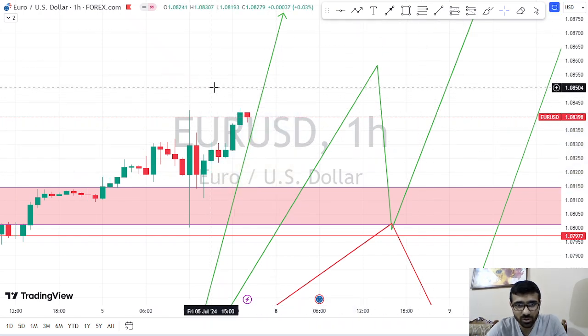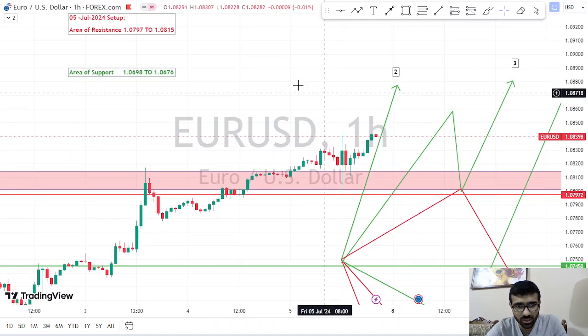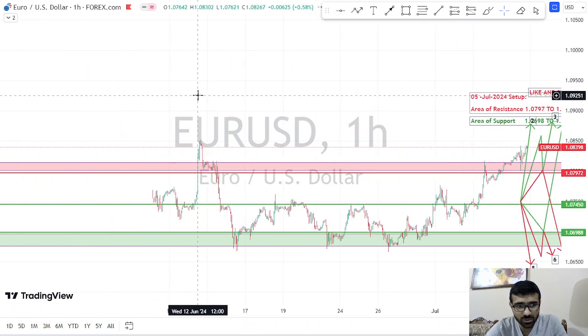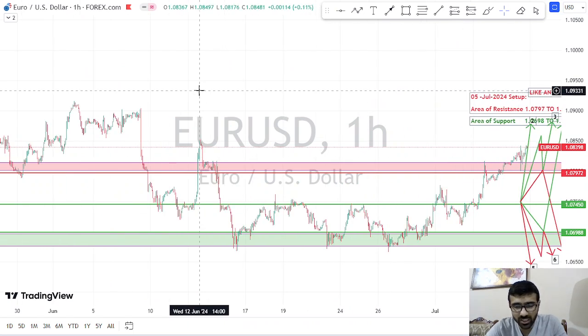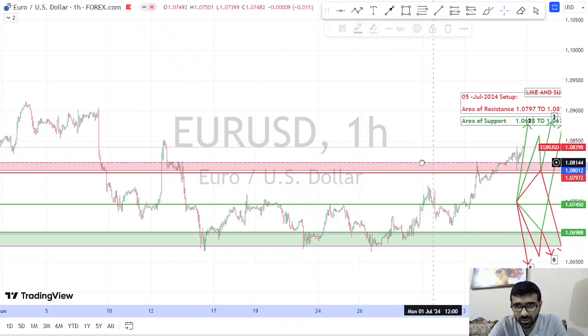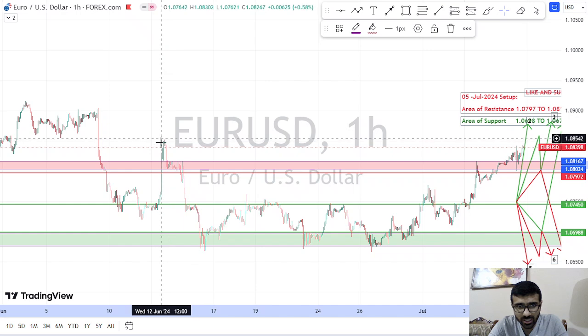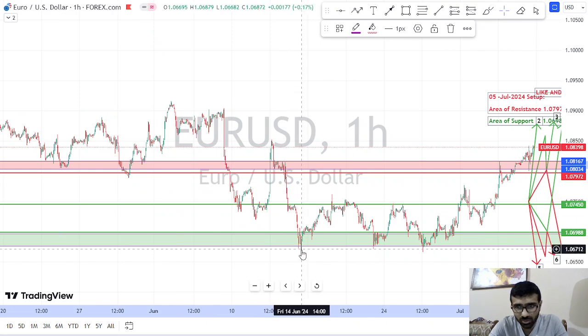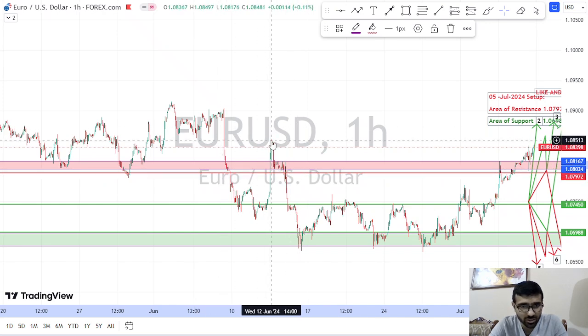So this was a good trade and a good entry as we were bullish in this Euro USD pair, and you can clearly see that the market respected our area of resistance and reacted from it. Previously when the market reacted from this area, it came down all the way over here, but now the market is reacting from this area and making a bullish sentiment, so this area has to be broken.